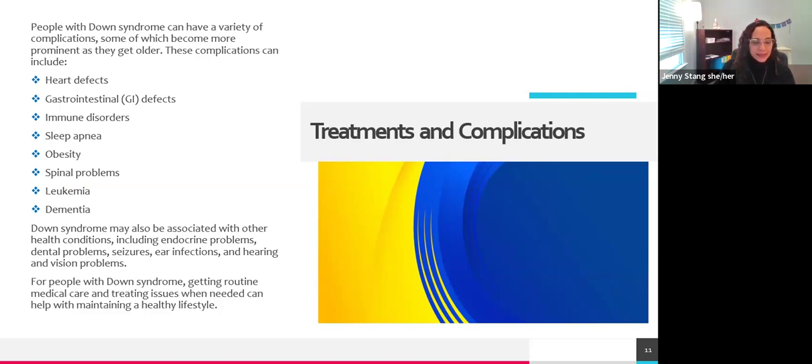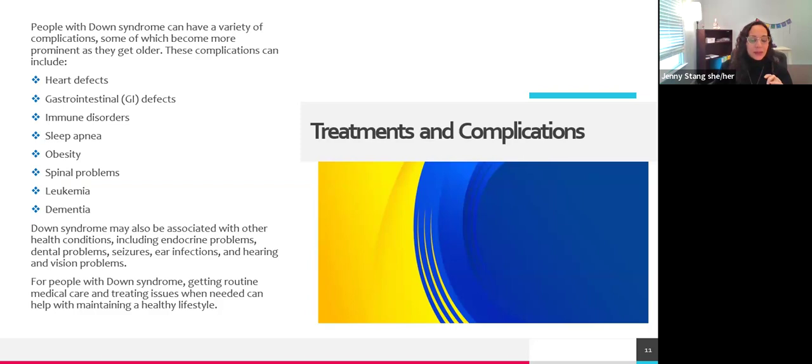So heart defects: about half the children with Down syndrome are born with some type of congenital heart defect. These heart problems can be life-threatening and may require surgery in early infancy. GI defects: those abnormalities occur in some children with Down syndrome and may include abnormalities of the intestines, esophagus, trachea, and anus.